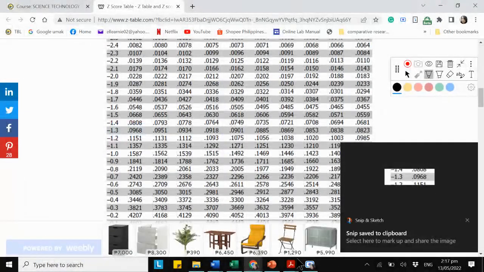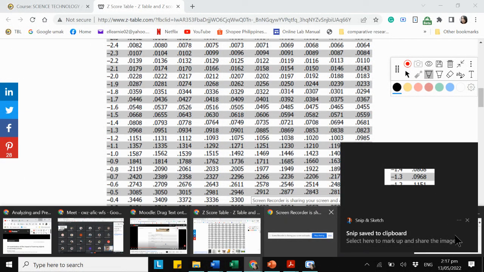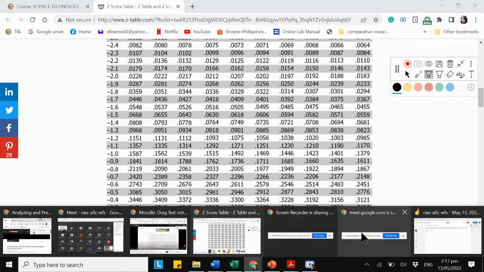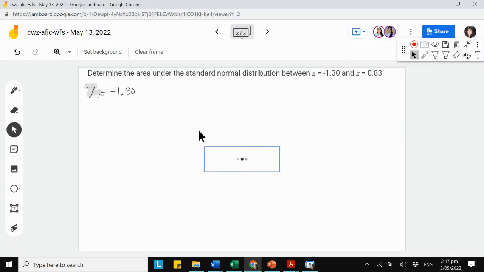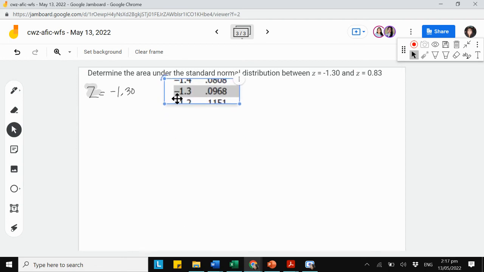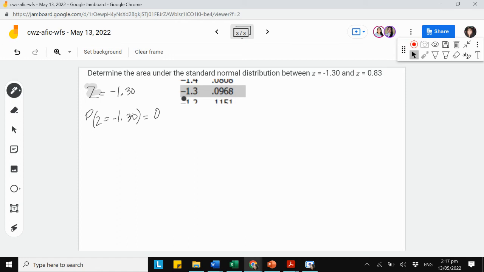Yan. So, therefore, lalagay natin probability is 0.0968. Okay?